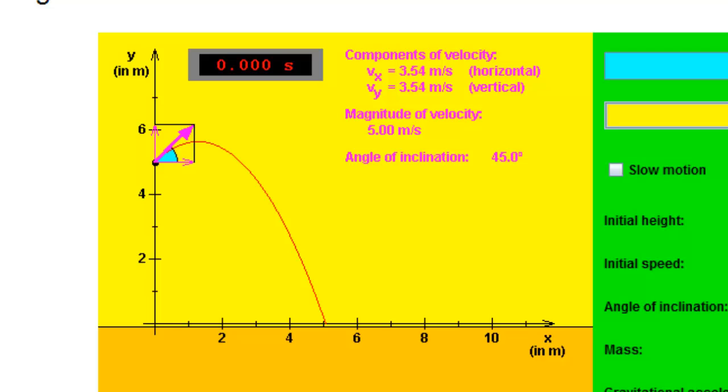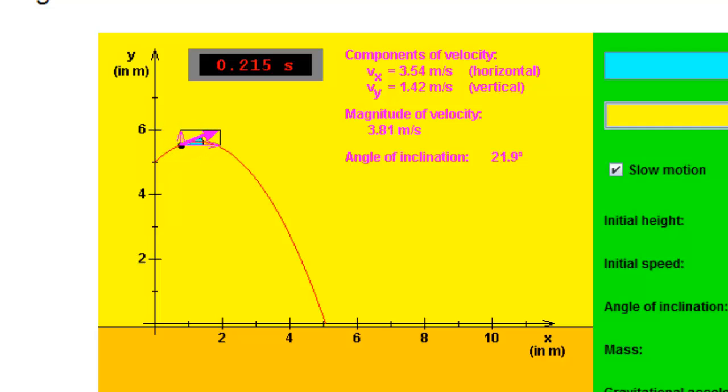As you would expect, our initial upward velocity component is up and the horizontal is still there. Once again the horizontal won't change, so watch the horizontal, watch the vertical components. I'll just do it in slow motion.